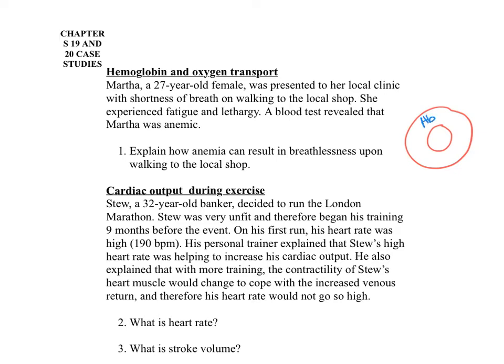And a hemoglobin molecule is a protein that's actually made up of four separate proteins, so we call it a quaternary structure. That means it has four different tertiary proteins in it. And at the center of each of those tertiary proteins is a heme group.